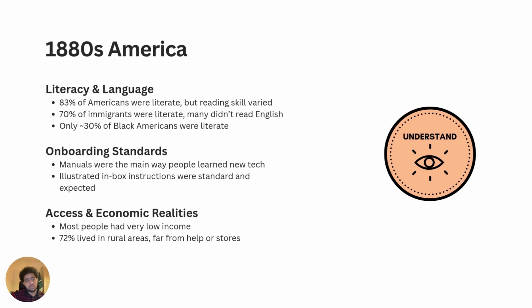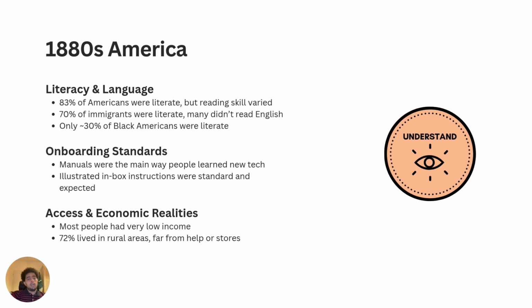But still, with other groups, for example, 70% of immigrants were literate, many didn't even read English, and only 30% of Black Americans were literate. So that signaled to me right away that I have to communicate with these people to be inclusive of everyone. I have to communicate in another way that's not just words or not just the user manual.